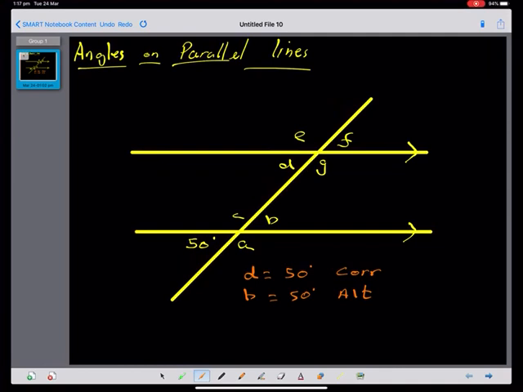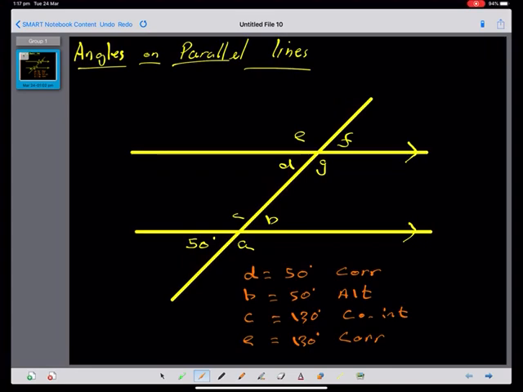We can say that C is equal to 130 by co-interior. We can say that E is equal to 130 by corresponding angles.